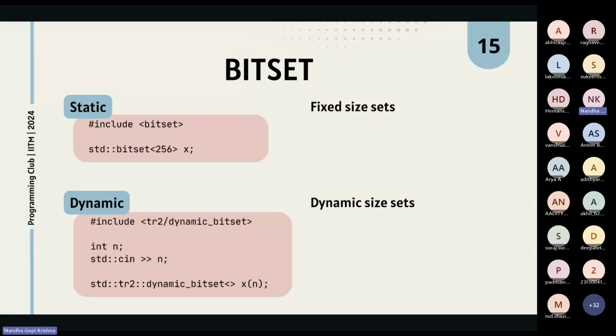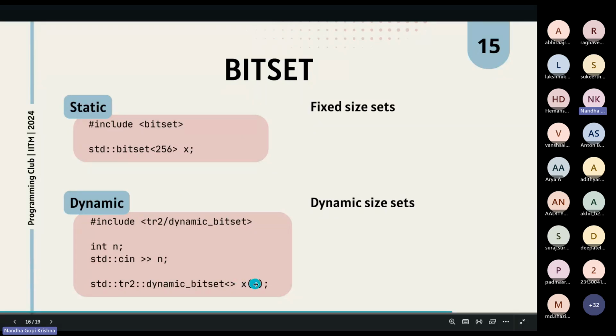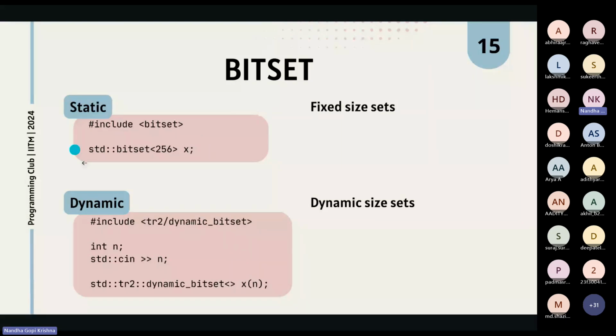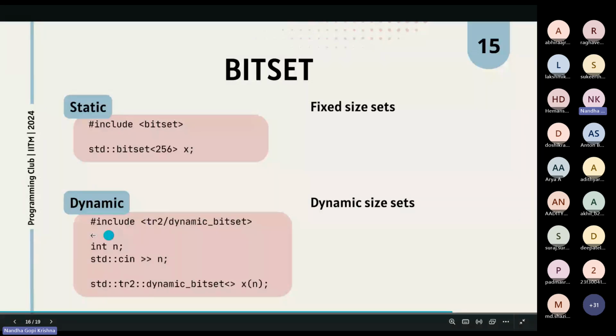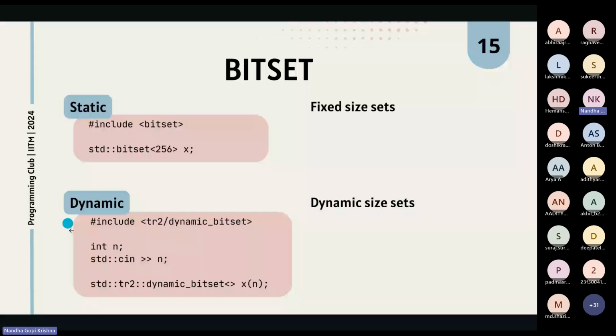And using the dynamic bitset, you can construct a bitset of n elements at runtime. That is, if you do not know the number of elements in your set beforehand, you can use the dynamic bitset. However, if you do know it, you can use the normal bitset provided by the standard library. Note that this header is only available in GCC. I do not know if it will work with Clang or MSVC.